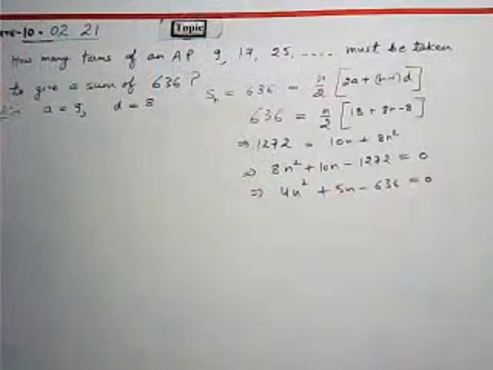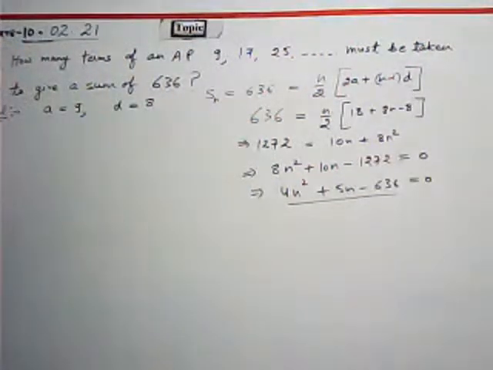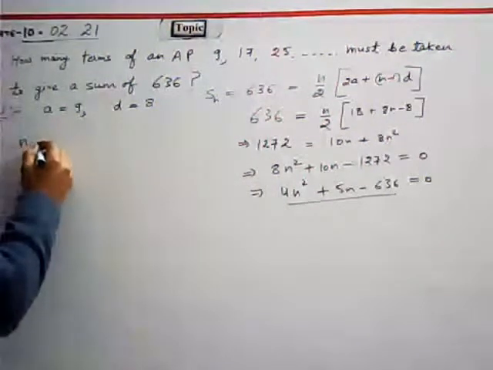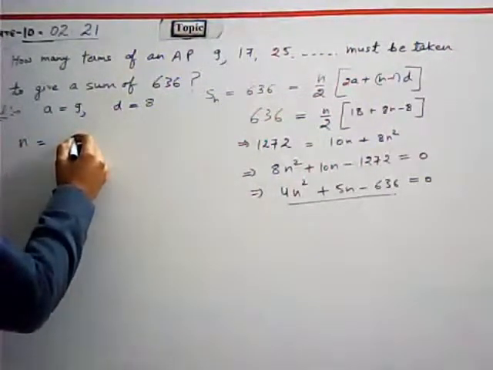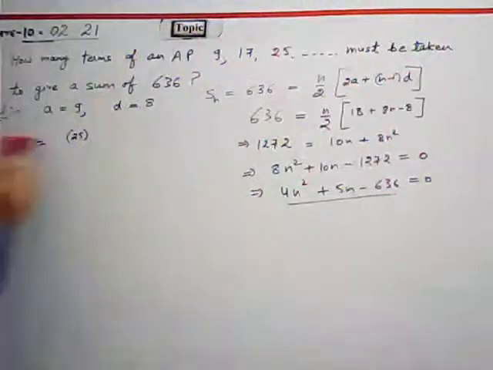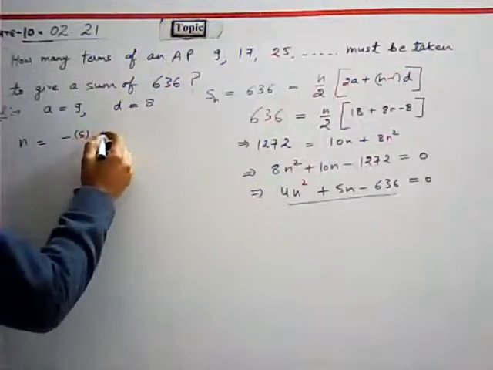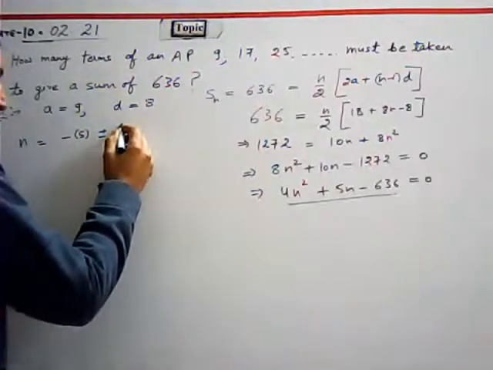Right, so this is the quadratic equation, and in this quadratic equation we will find the value of n. We are interested in the positive value of n, so we can apply the formula: n is equal to minus b plus or minus square root of b square minus 4ac.